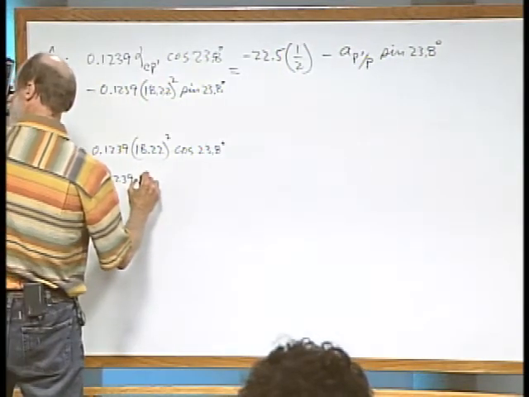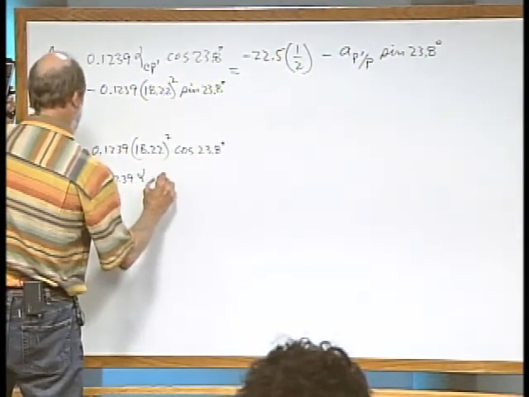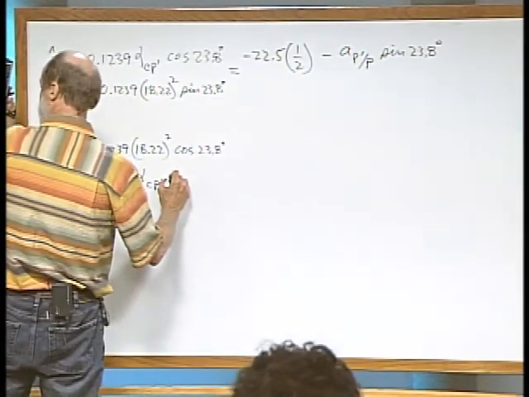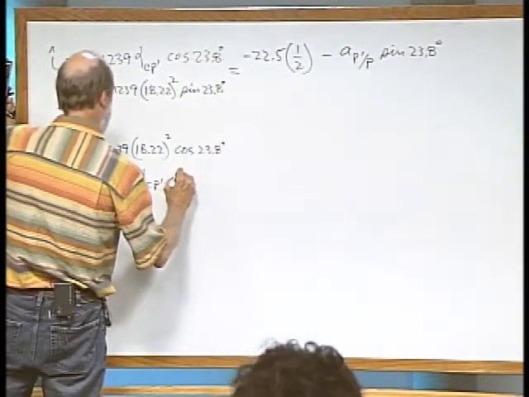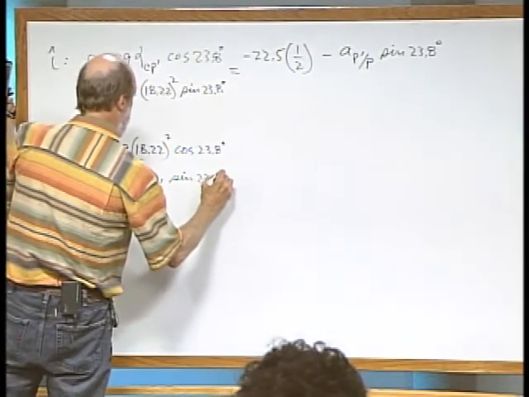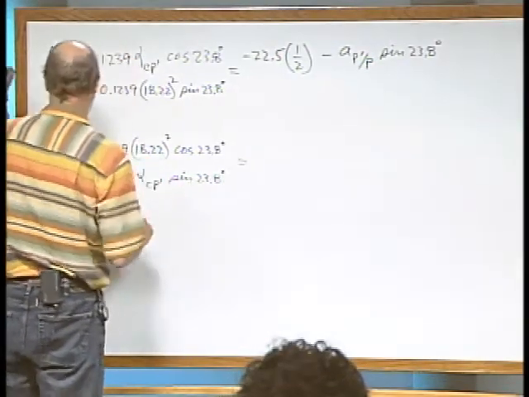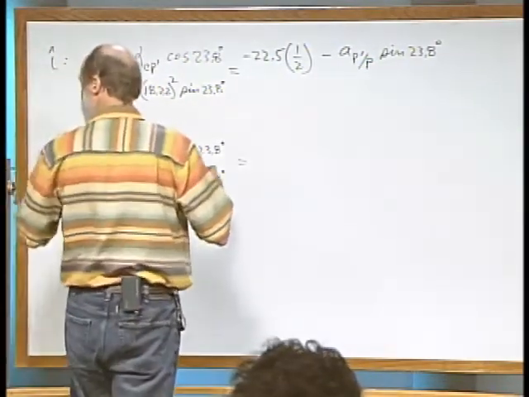0.1239 alpha CP prime, sine of beta 23.8 degrees, and that sum has to be equal to the J terms on the right.